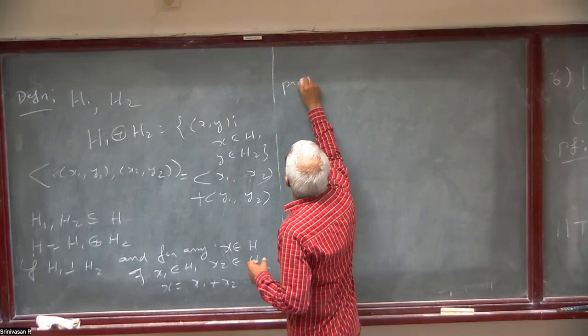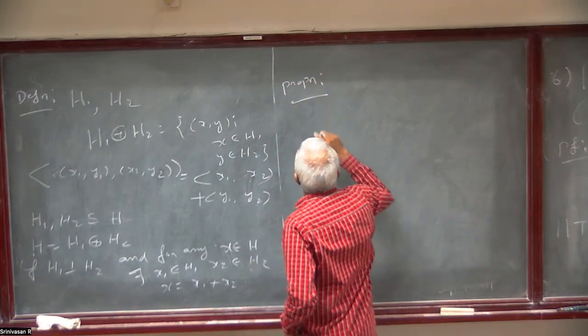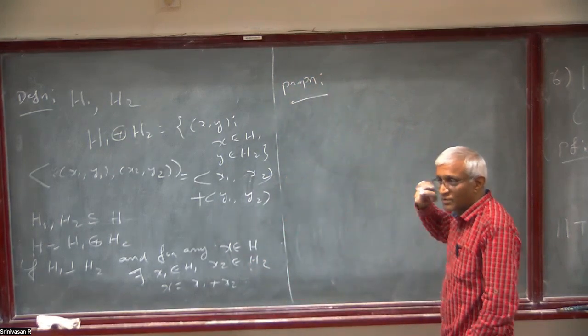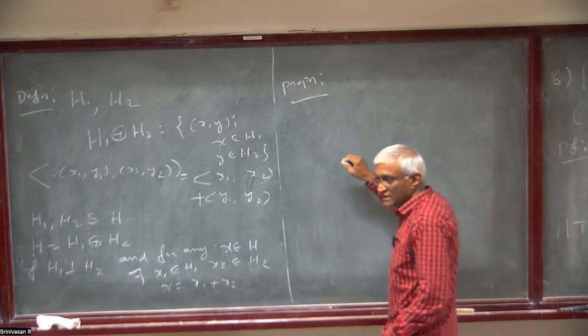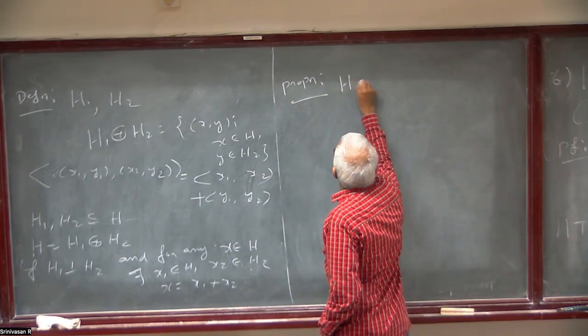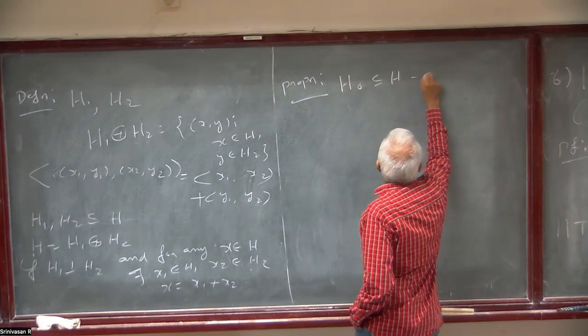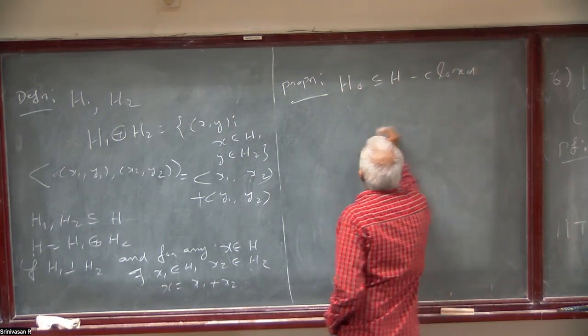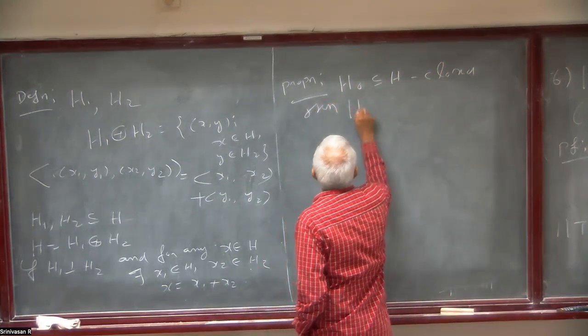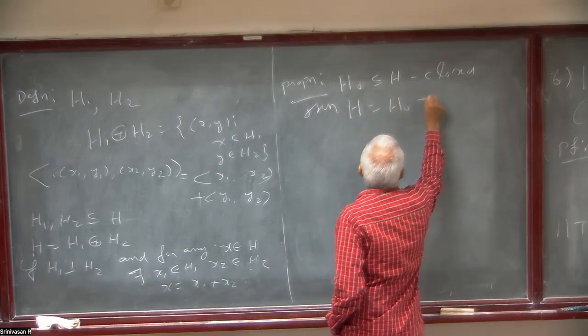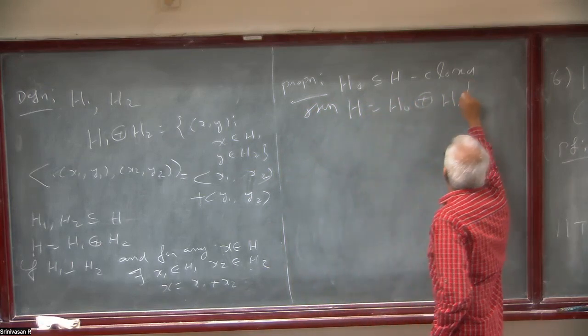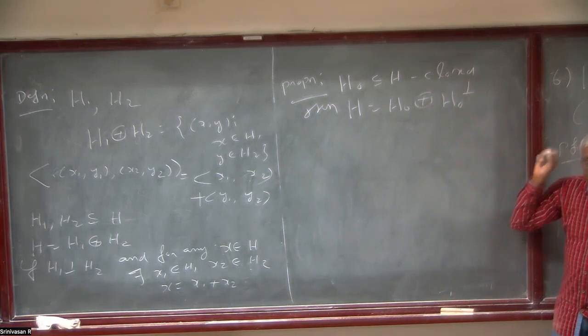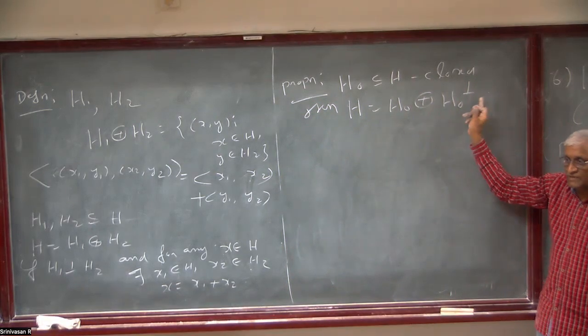I don't know if there is time to do this. The proposition, have you seen this? You've seen this as well. I'm not sure how I will say it. H naught is contained in it, closed. Okay. Then H looks like that, H naught plus H naught perp. And everything here can be written as something from these.